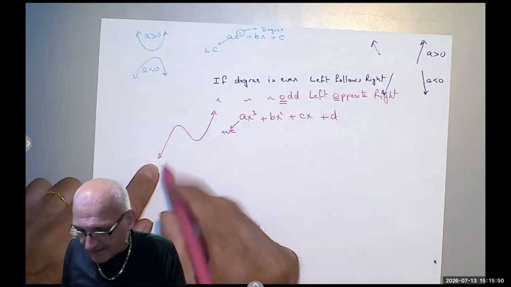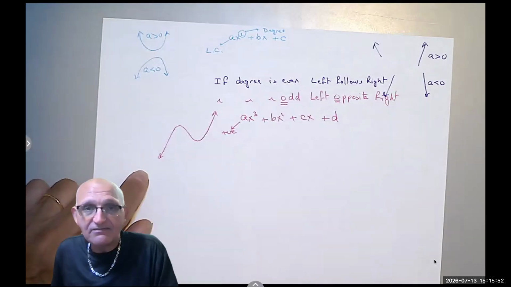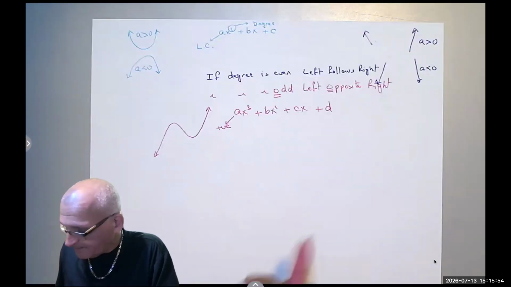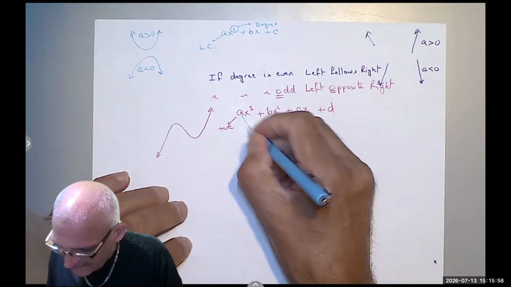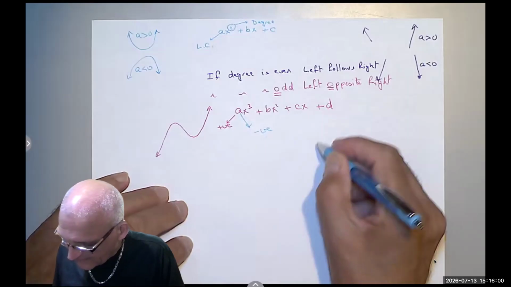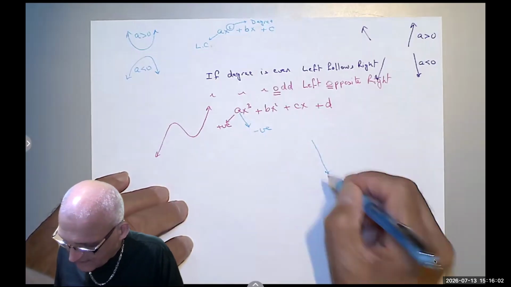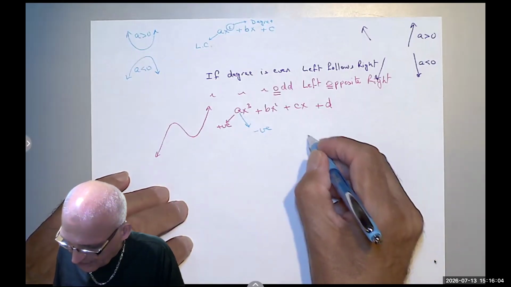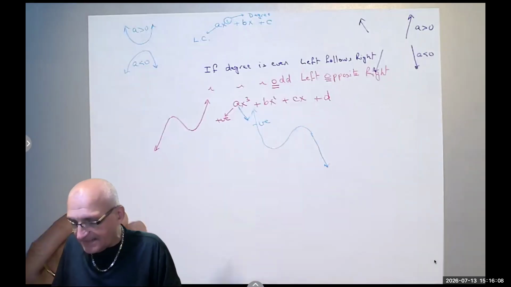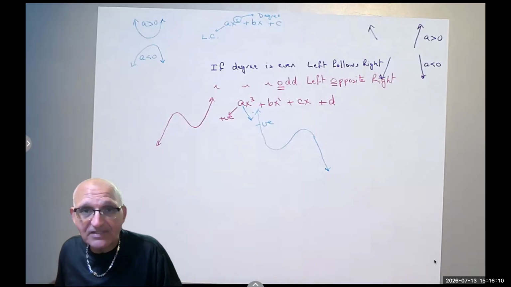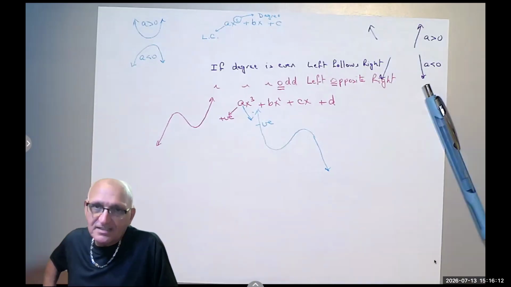And because of that, the left is negative or going down. If a is negative, then the right-hand side is going down. There is one turn and another turn. And the left-hand side is opposite, and that's why the left-hand side would be opposite to the right-hand side.